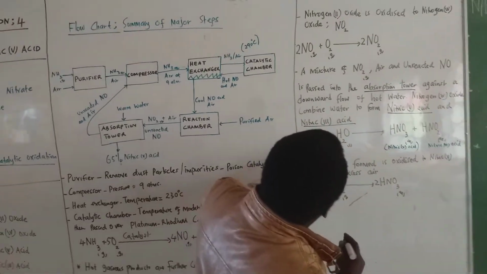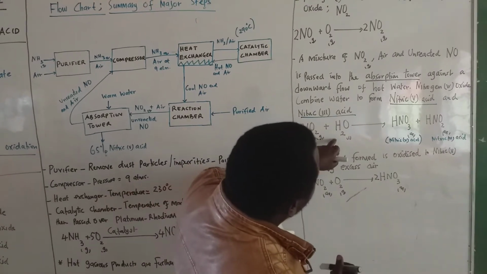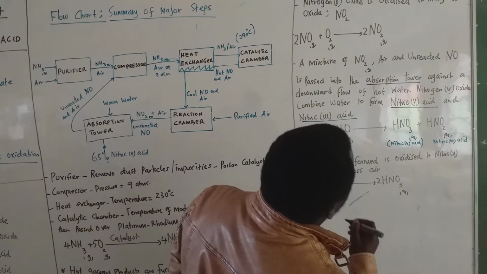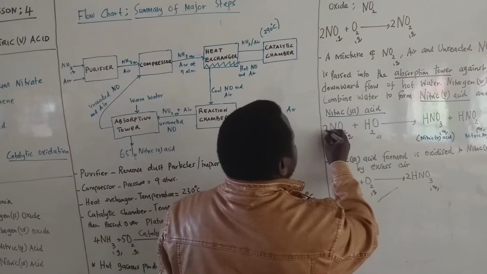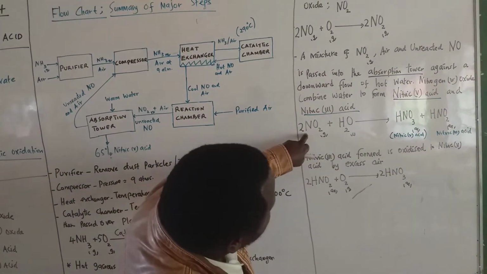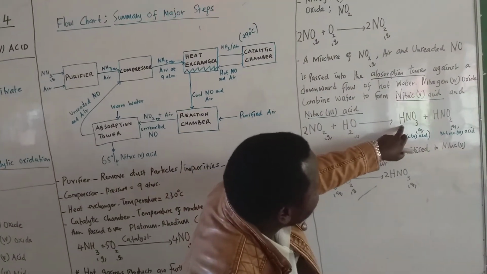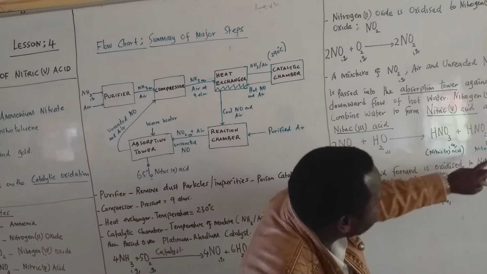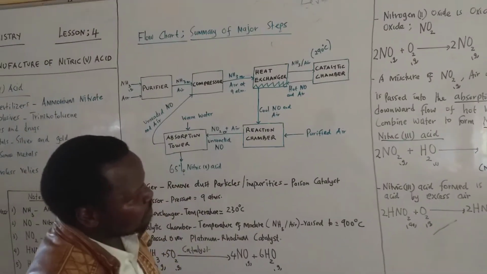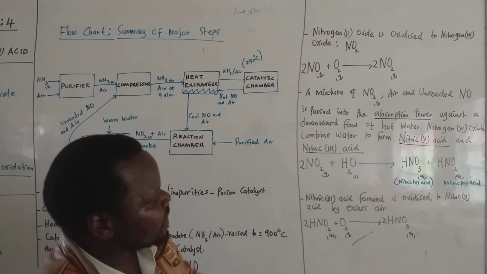We balance this, so we have nitrogen 4 oxide and water, and we have 2 there so that it is now balanced, to give you nitric 5 acid and nitric 3 acid. So the 2 acids are formed, and the nitric 3 acid formed is then oxidized.